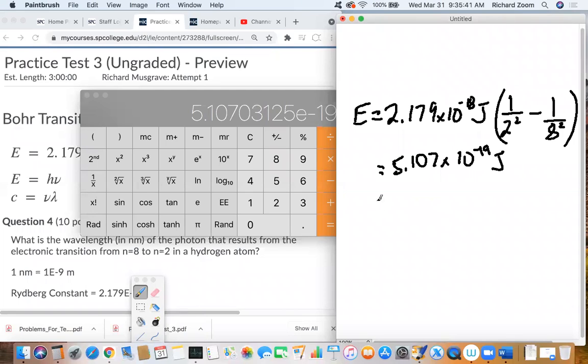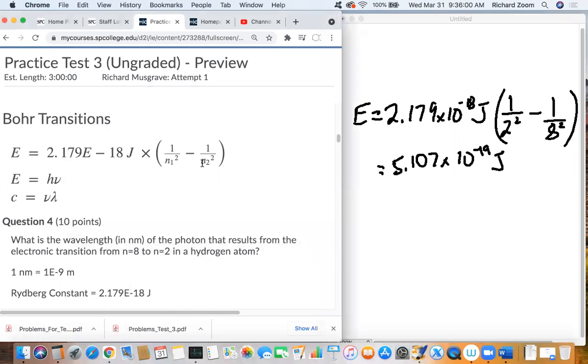The next thing we need to do is, you see what we're looking for is lambda, which is the wavelength. That's that symbol down there. To get to lambda, we need the nu, which is the frequency, and we can get the frequency from this equation, which involves the energy.